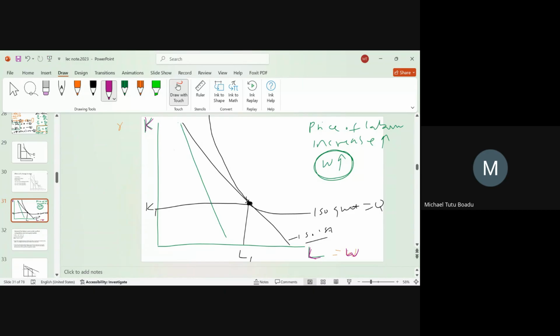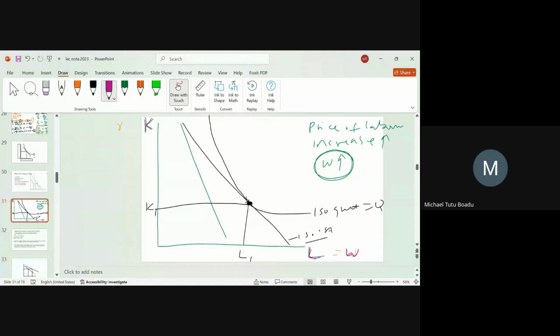But if labor is an inferior input, the firm will hire less. The same thing applies to capital. If capital is a normal input, now that the wage is going up, the firm will hire more capital, and vice versa.